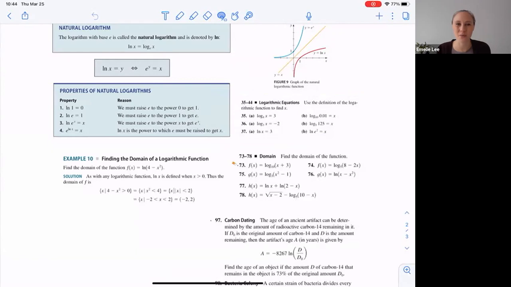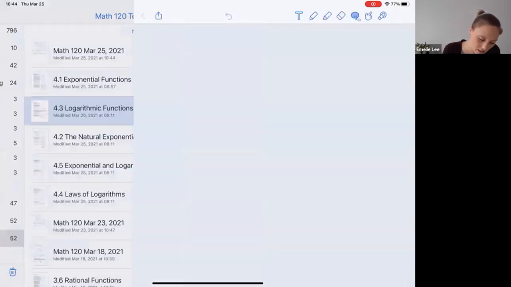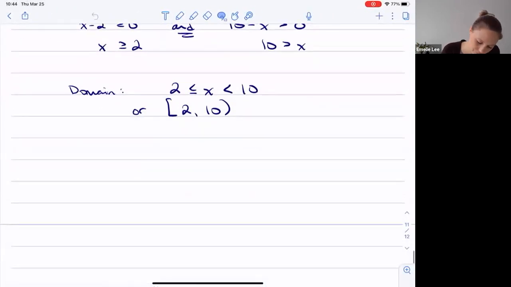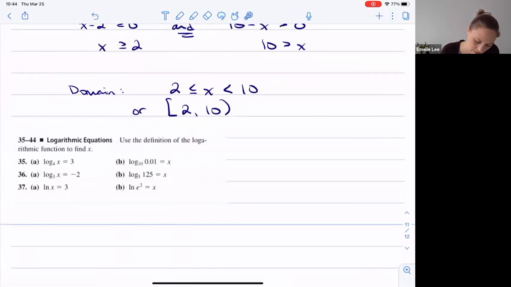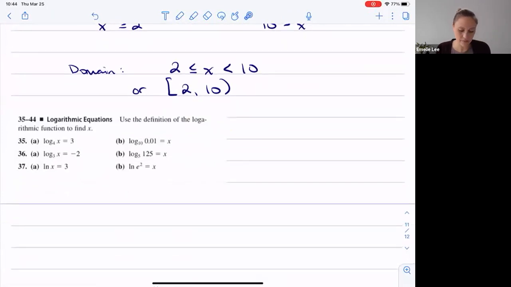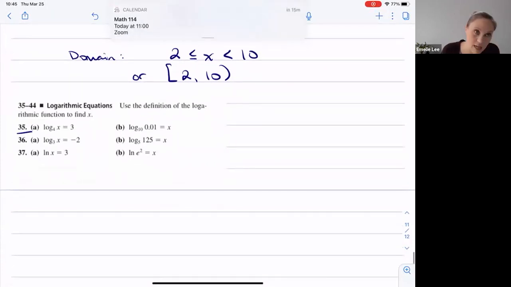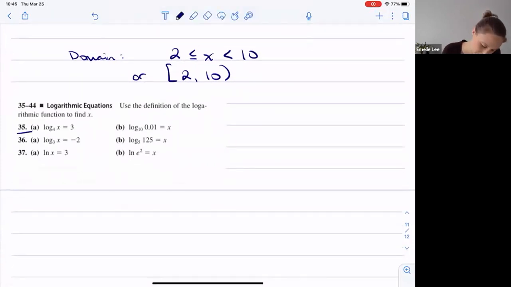So remember, the whole goal was to be able to solve for x. So let's use the definition of the logarithmic function to find x. So let's do 35a. Oh, reminder.